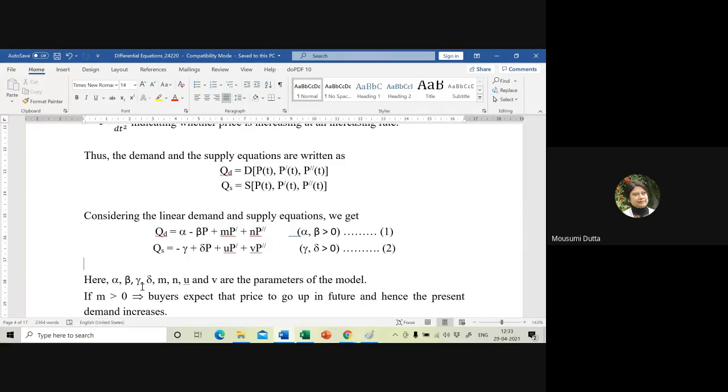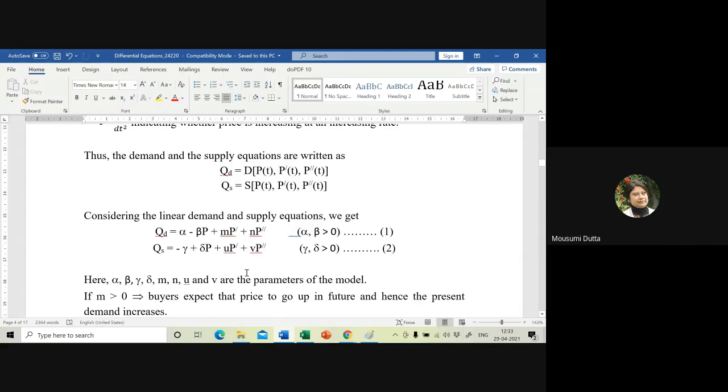The supply equation I'm writing as minus gamma plus delta P. However, you can write gamma plus delta P as well. That will not change any essence of this framework. Okay, so minus gamma plus delta P plus say U into P prime plus V into P double prime. So here also I'm marking the signs of the two parameters gamma and delta.